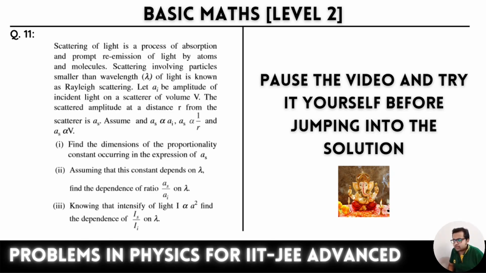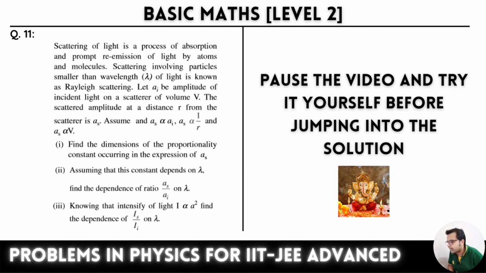Assume that A_s is directly proportional to A_I. A_I is the amplitude of incident light and A_s is the amplitude of the scattered light. You can assume that with the problem. A_s is directly proportional to 1 upon r and A_s is proportional to V. So in the problem, we have given relationships, some dependencies.